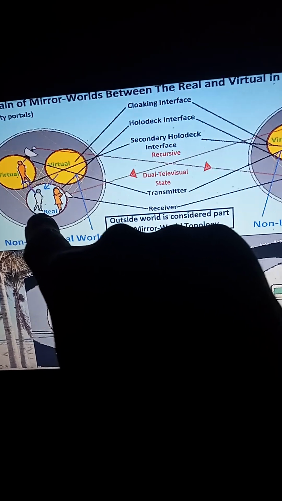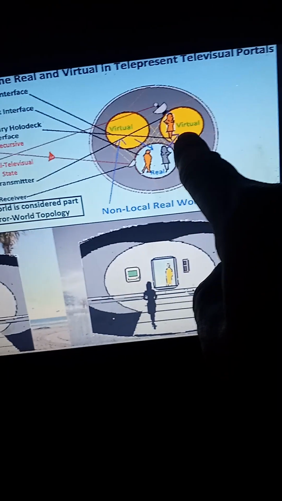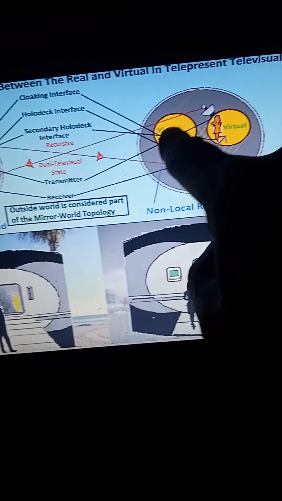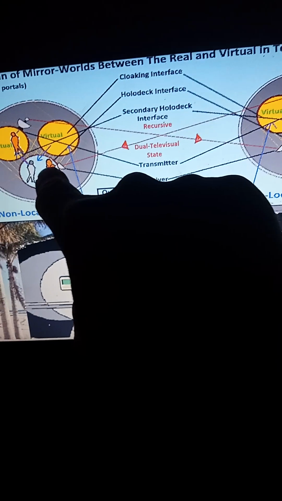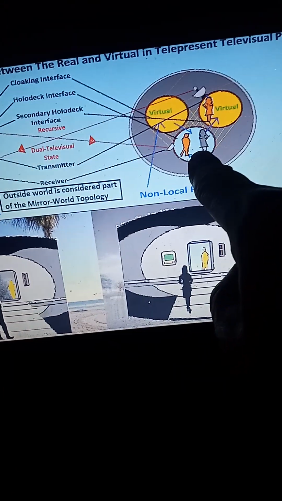Their bodies, their forms, in turn, are transmitted to the virtual holodeck, where they're a negative form. His negative form and her negative form in a virtual body, which in turn is transmitted to each other's real holodeck. His is transmitted also to her real holodeck.